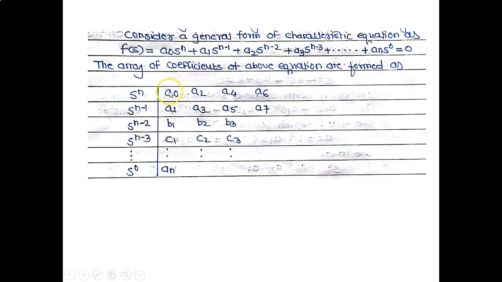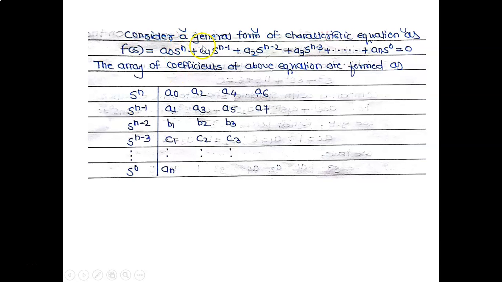Now a0, then you have to write a2 like this: a0, then a2, after a2 you write a4, after a4 you write a6. Then for s raised to n minus 1, its coefficient is a1, write a1 here.